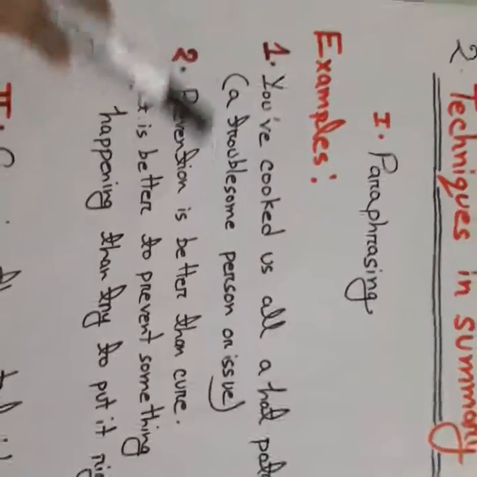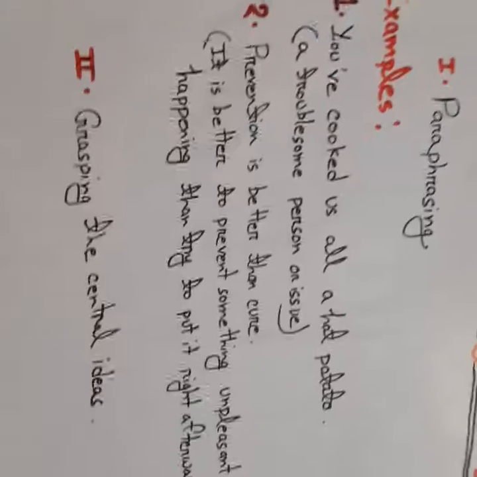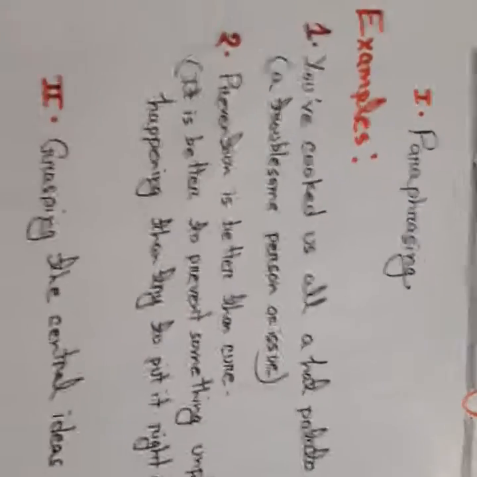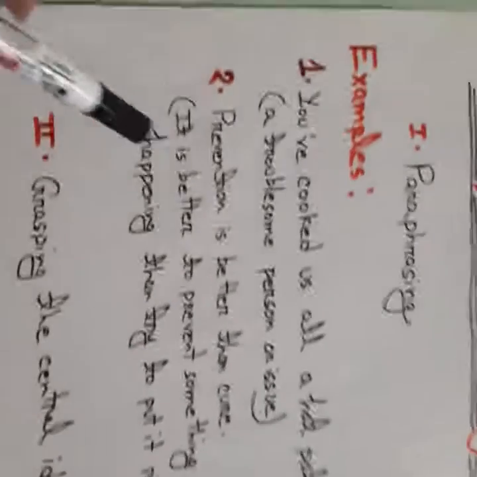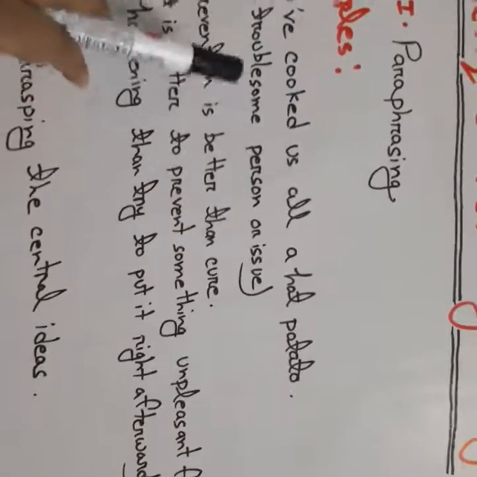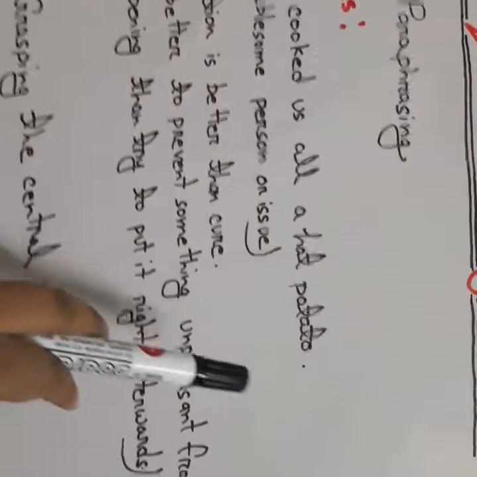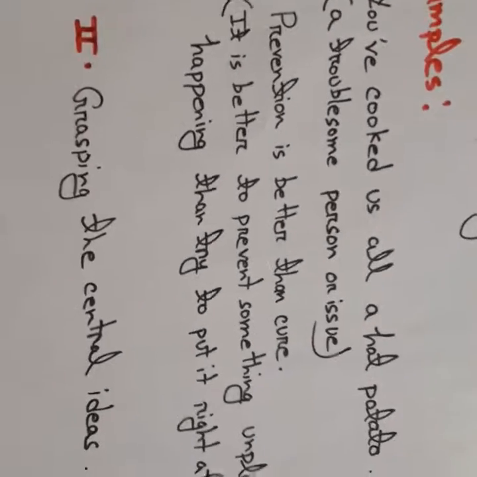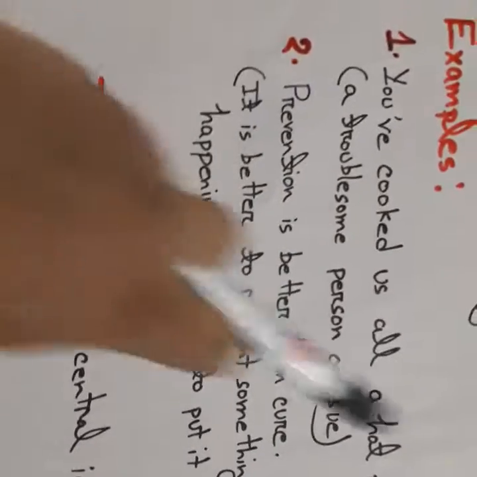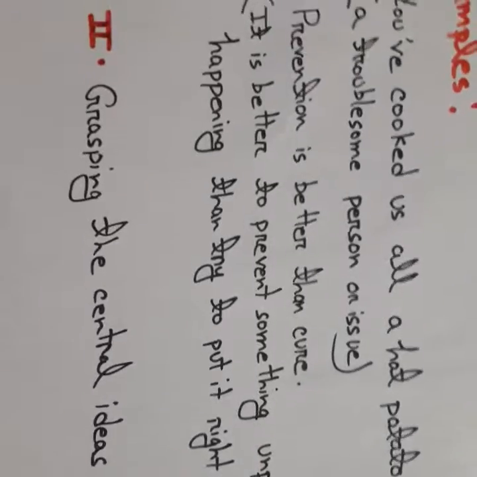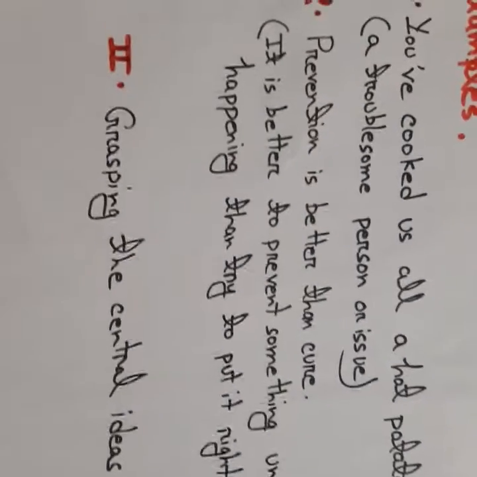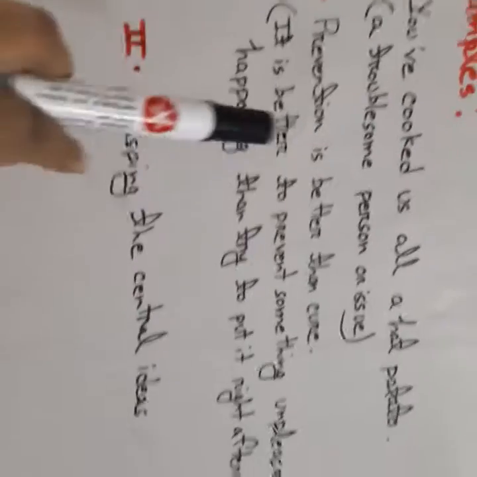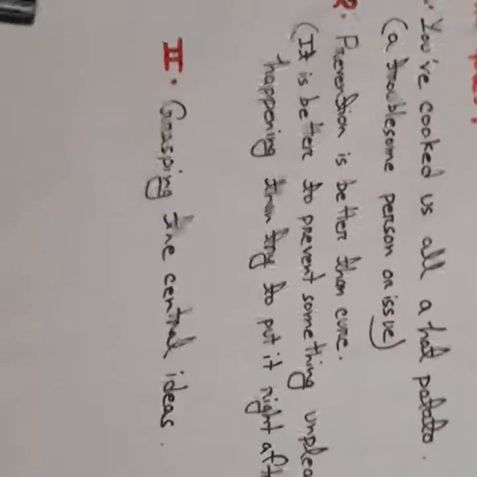So this paraphrasing is very important. Now we are going to see some examples of how you can paraphrase your main text. From your main text: you have cooked us all a hot potato. It seems the sentence is talking about a troublesome person or a troublesome issue. The second sentence: prevention is better than cure.